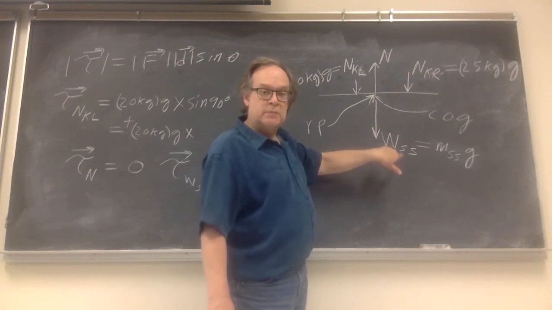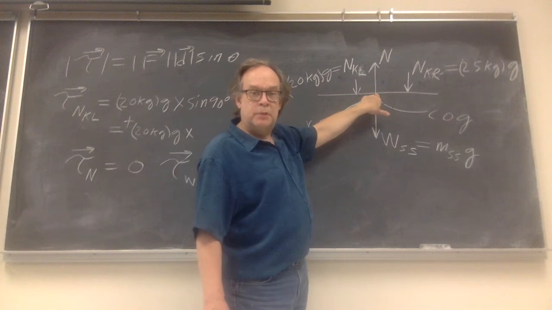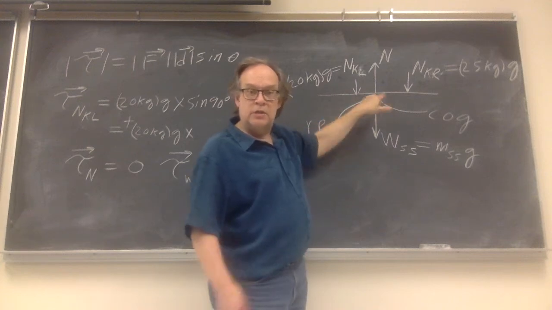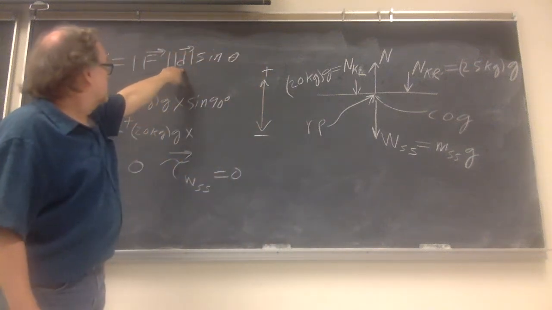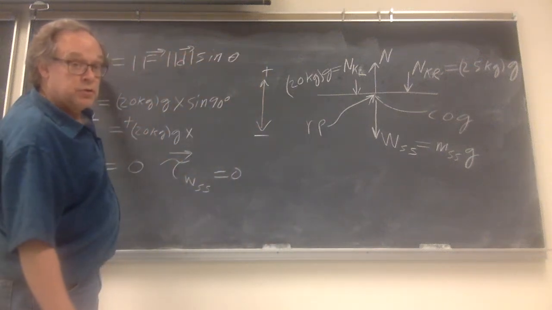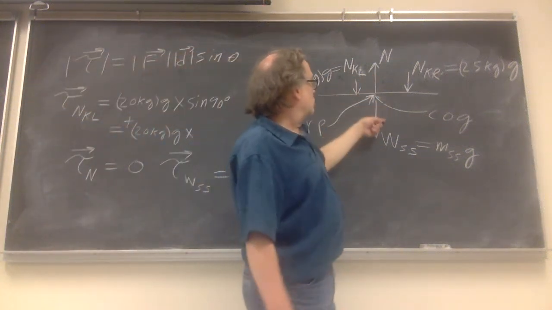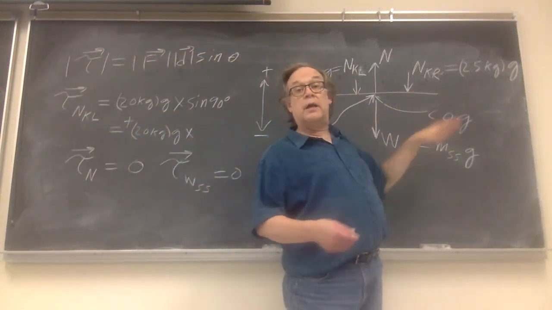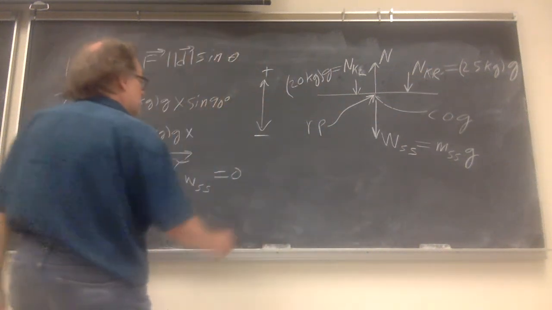So the displacement between the reference point and the place where the force is pulling is no displacement at all, zero displacement. That factor is zero, so the torque is zero. So those two both give you zero torque. The only other non-zero torque will be caused by this force. Let's see what that's like.